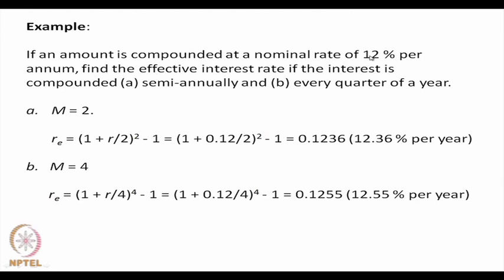So, that is the R. It can be compounded semi-annually and it can be compounded every quarter, meaning 4 times a year. So, we are required to find out the effective interest rate RE in each case.